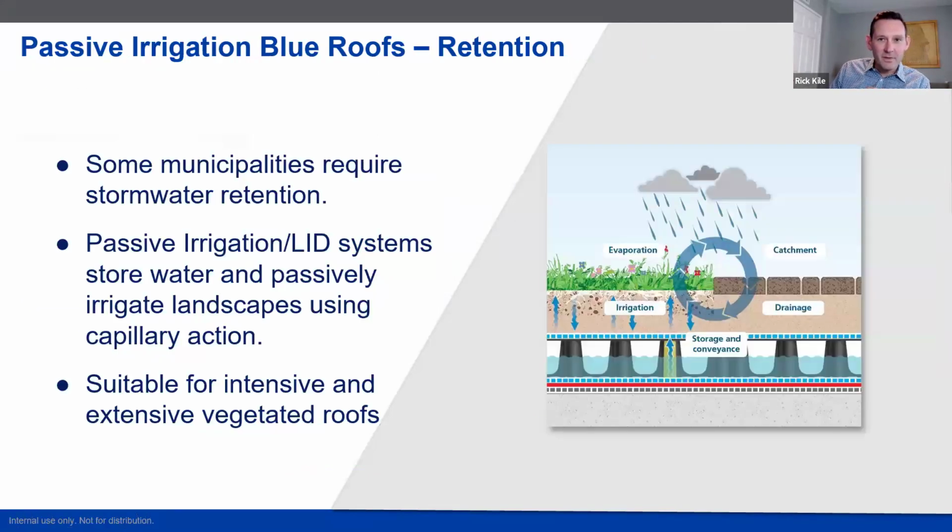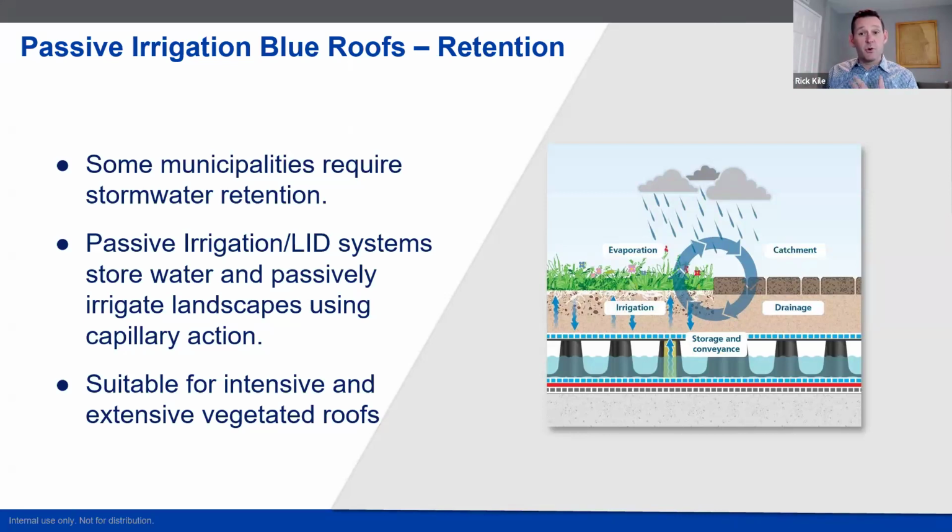And then passive irrigation blue roofs are similar to the detention-based blue roofs, but these actually reuse water. I always like to share this anecdote that here in Southern California, the city of Los Angeles and the city of Santa Monica are both under the county of Los Angeles, which has the stormwater management code. They actually interpret the code differently. The city of Santa Monica has detention-based requirements.